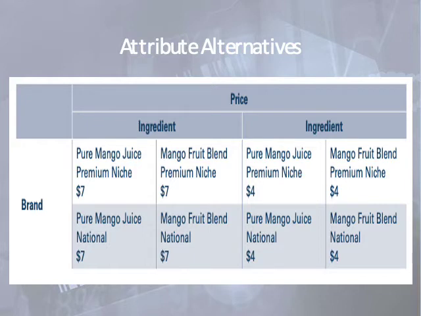So maghimo ka ani nga list of attribute alternatives, and then have your target market or representative of your target market choose which among these 8 combinations of attributes are most likely nga ilahang paliton. Now, since we have the list of the attributes, we will name it as attribute alternatives.